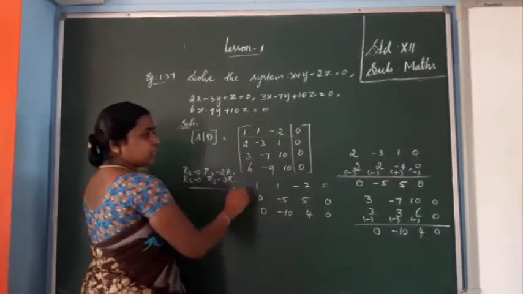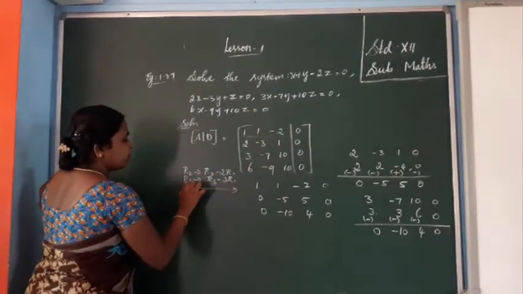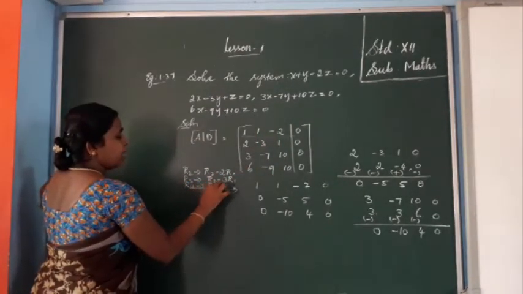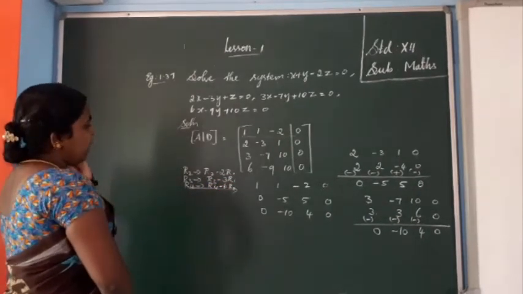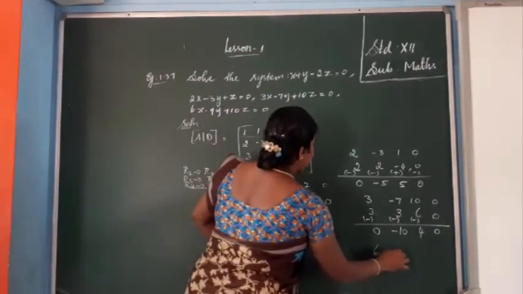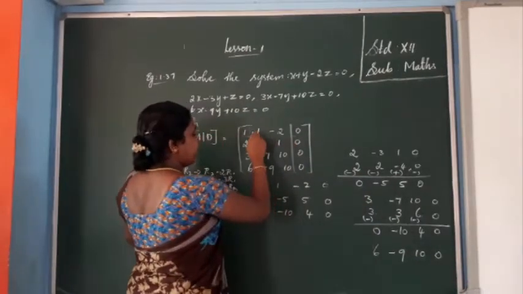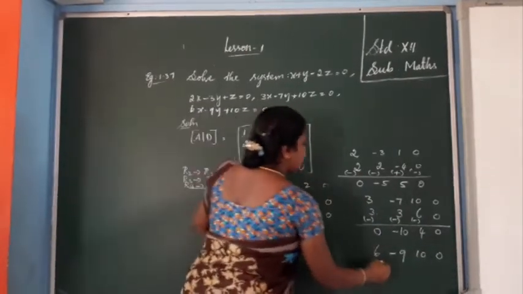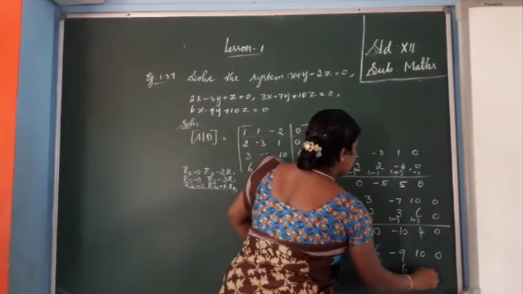Next, the last row. R4 becomes R4 minus 6R1. R4 is 6, minus 9, 10, 0. Multiply R1 by 6: 6, 6, minus 12, 0.